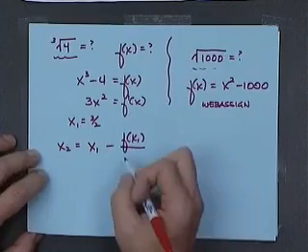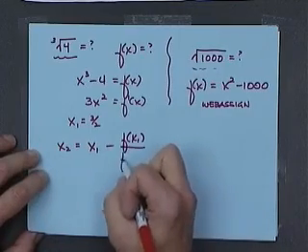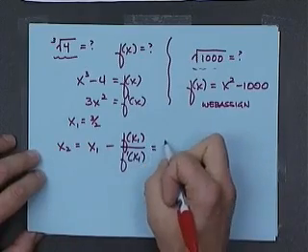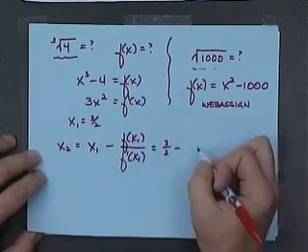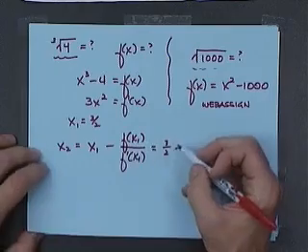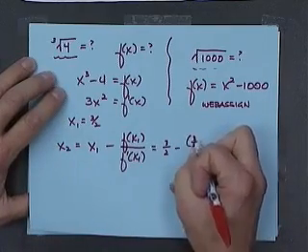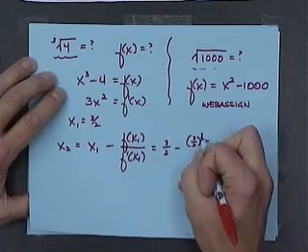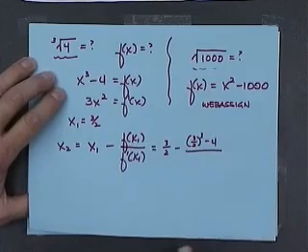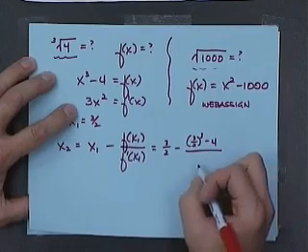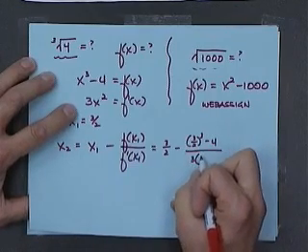Have this memorized on Friday for the test, over f prime of x1. So x1 is 3 halves. The f of x1 is that, put into the function, over the derivative at x1.